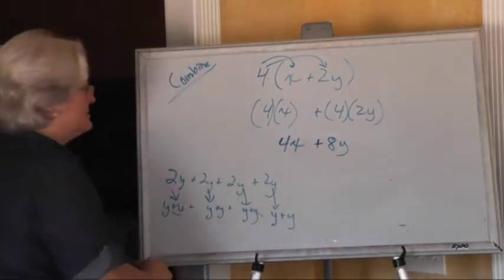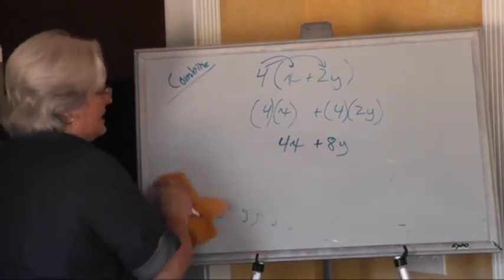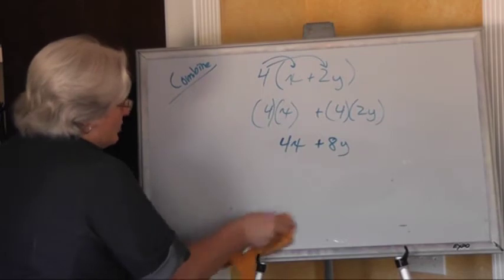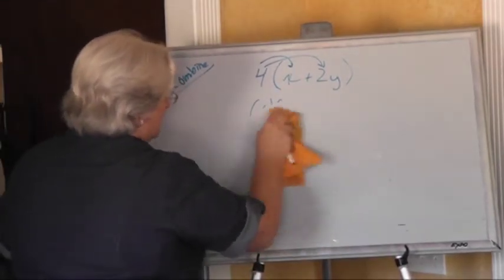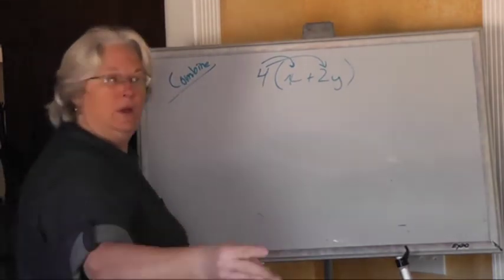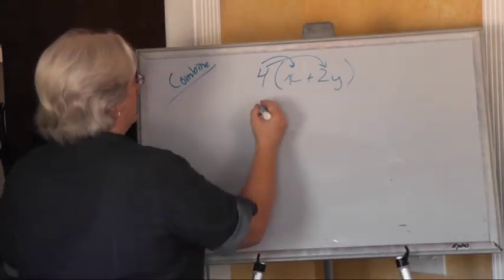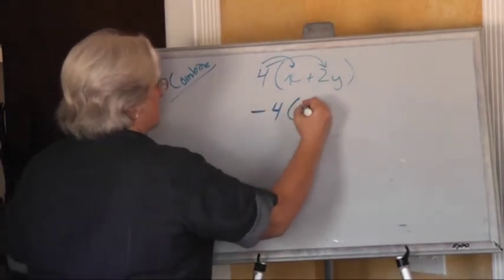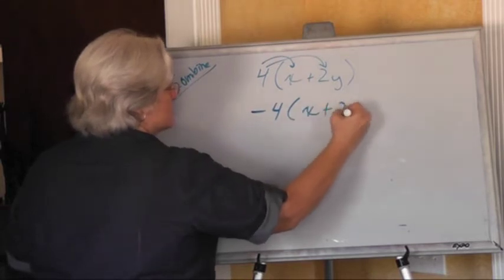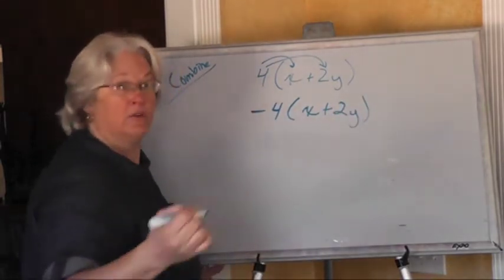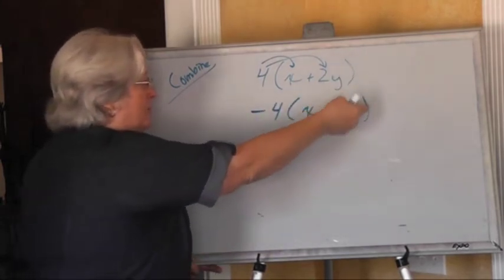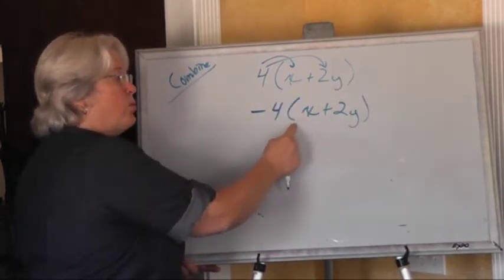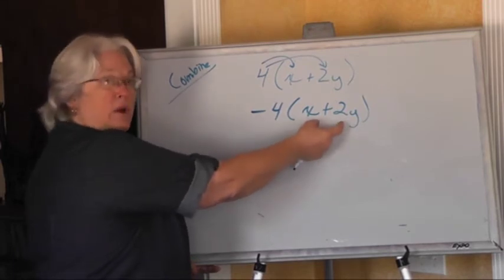But what happens if instead of having 4 times the quantity x plus 2y, we had negative 4 times the quantity x plus 2y? Listen carefully to how I'm pronouncing this. When you have the parentheses, it's read the quantity and then whatever's inside it.